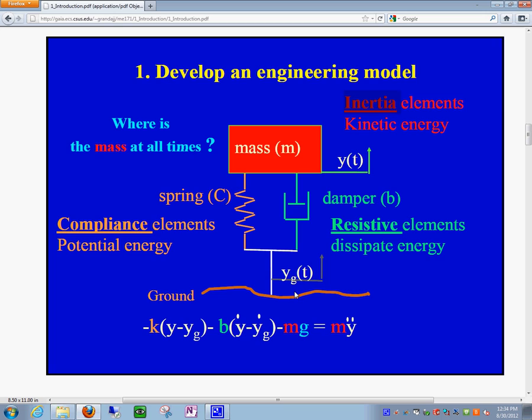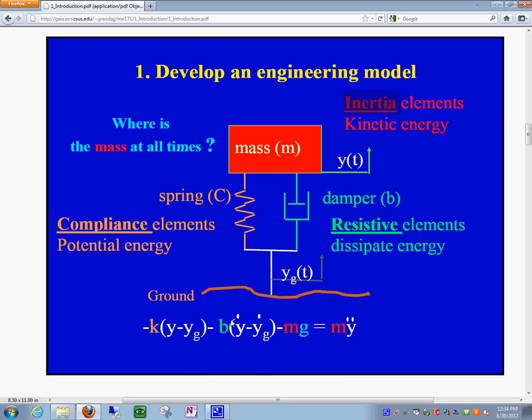Now, one way of doing this is, if I am at step 2, I have the real system. Now I made a little sketch, and step 3 would entail getting these differential equations.